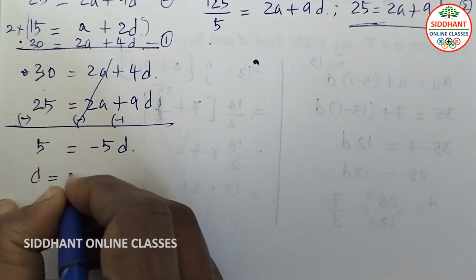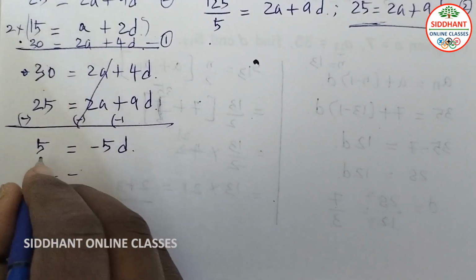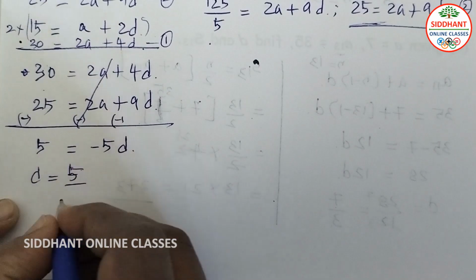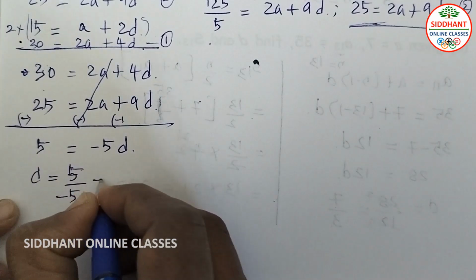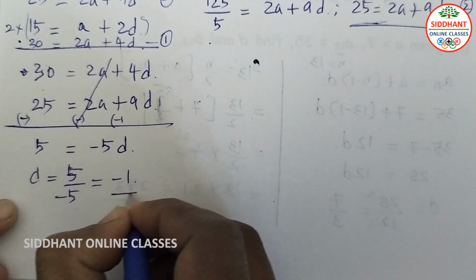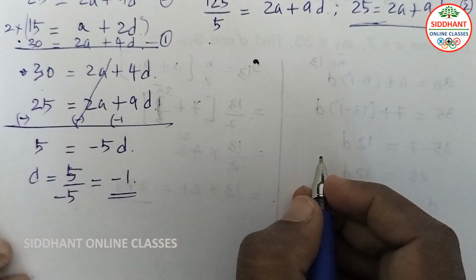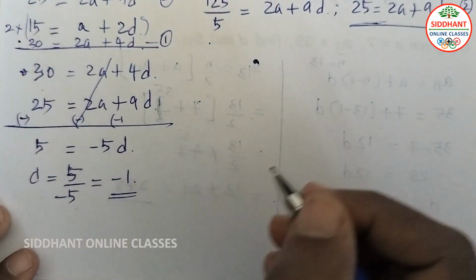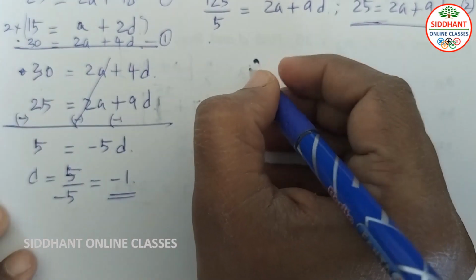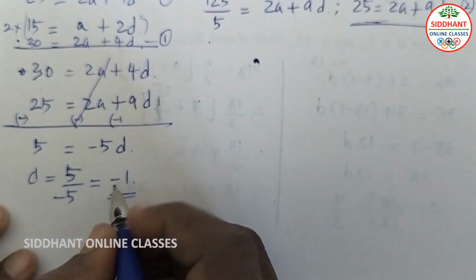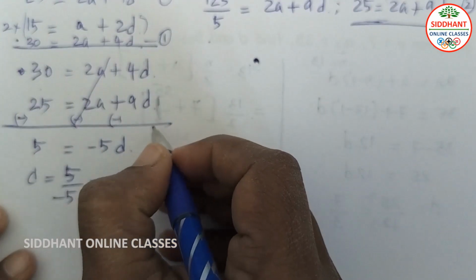So D equals 5 by minus 5, that is equal to minus 1 here. Now D we got, we are going to find out the A value.